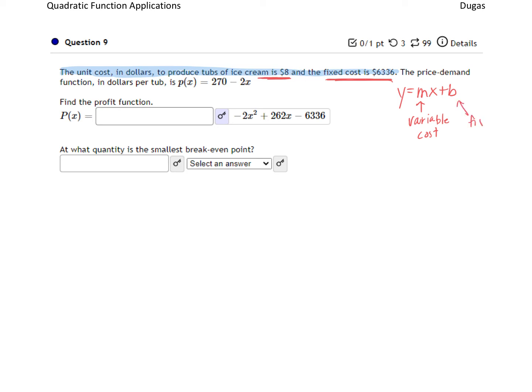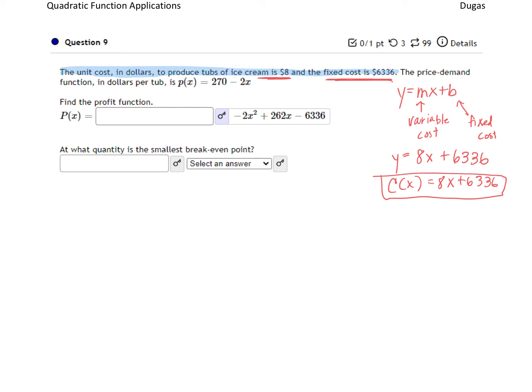B is associated with the fixed cost. And so you would write this as y equals 8x plus 6336. And again, it's because the 8 is the variable amount and the 6336 is the fixed amount. And then instead of y, since this is the cost function, you can rewrite it as C of x. So there's the cost function.